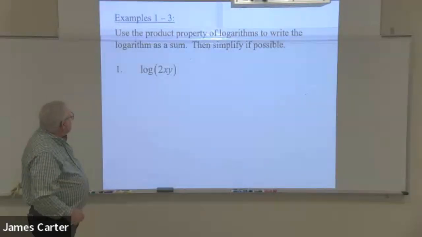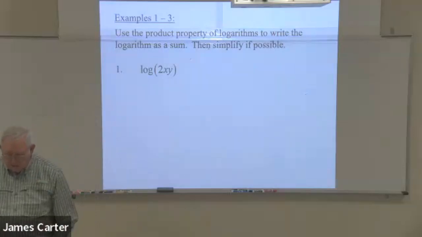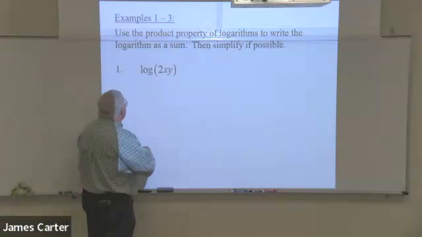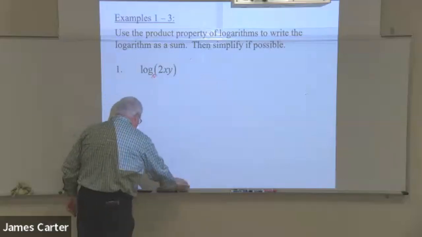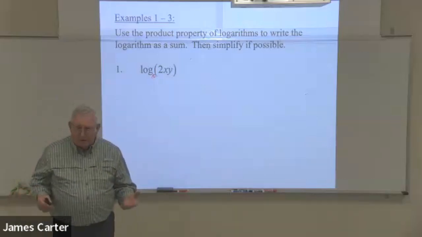All right, so if we've got this, we now need to expand this. Okay? We need to expand this. In this case, we're going to have actually 3 terms when we get through. Now, keep in mind, there is a hidden base 10 under this thing. Okay? That may or may not become important.